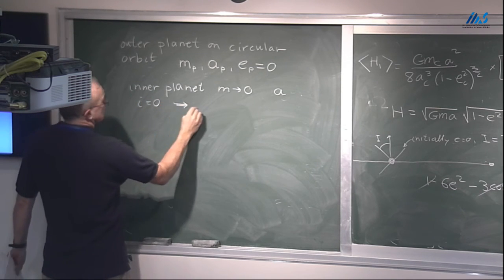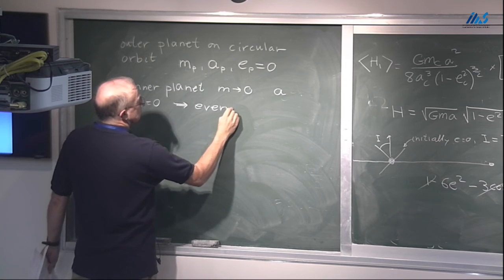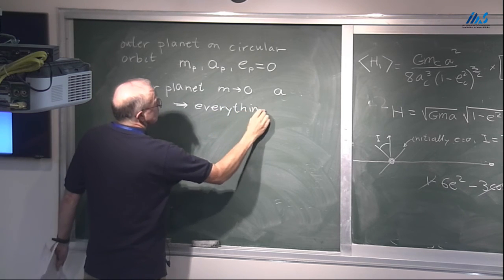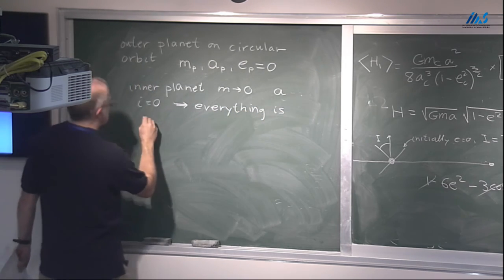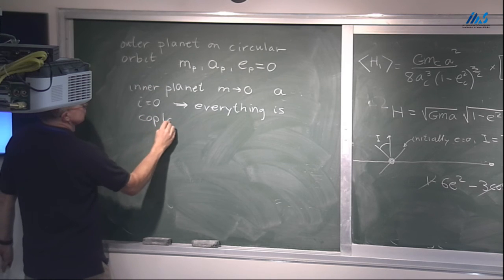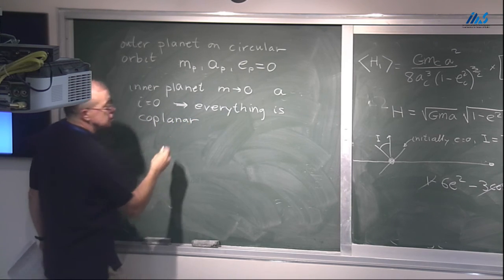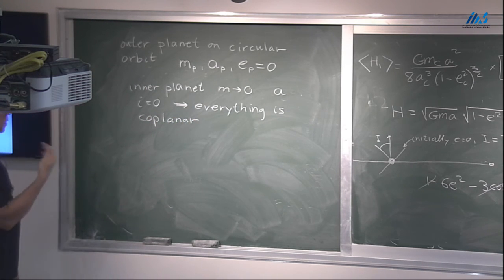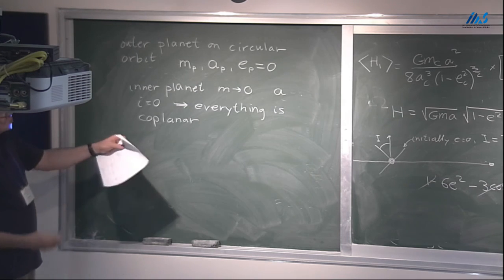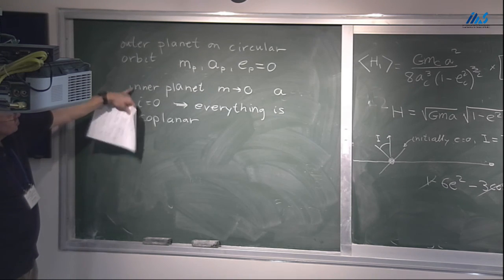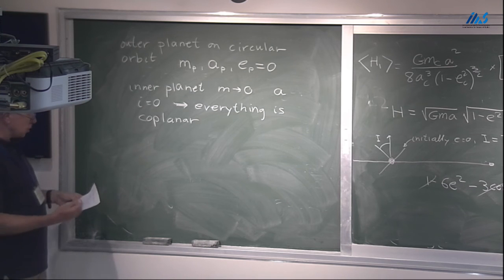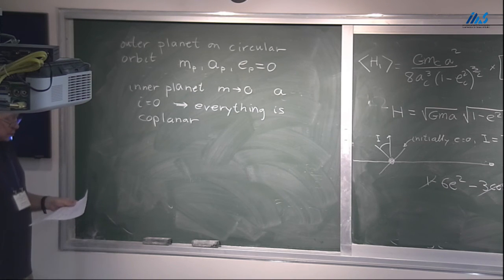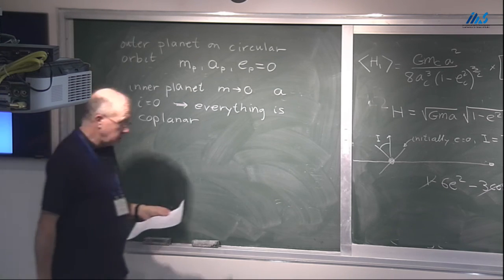That is, everything's coplanar. None of these assumptions are critical. The analysis can be generalized to include small inclinations, small eccentricities in both of them, but I'm trying to give you an example which is as simple as possible.